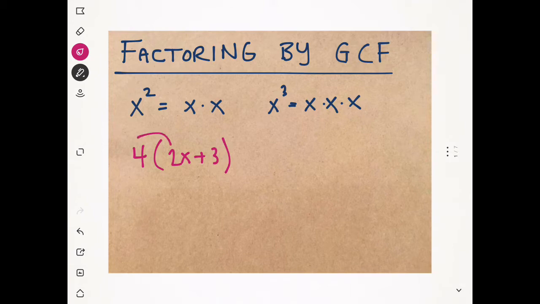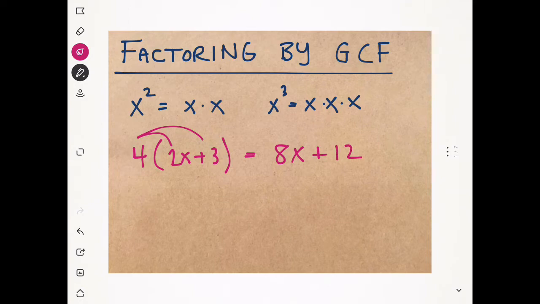So I'm going to multiply it by the 2, and I'm going to multiply it by the 3. But with the 2, we can't forget that x. One of the common things I saw last week is that people would forget the x when doing the distributive property. So we have 4 times 2x is 8x, and 4 times 3 is 12. So when we distribute, we get 8x plus 12.